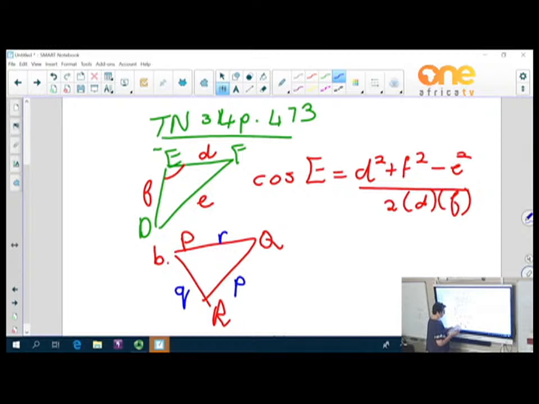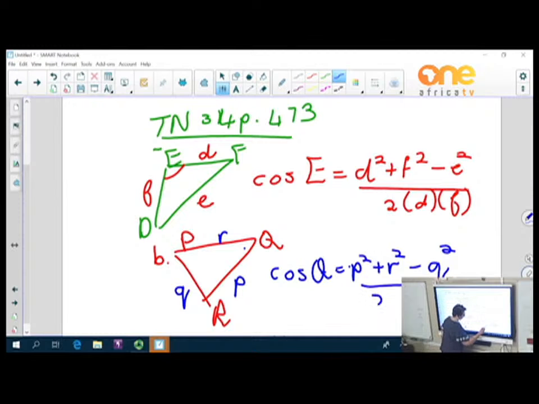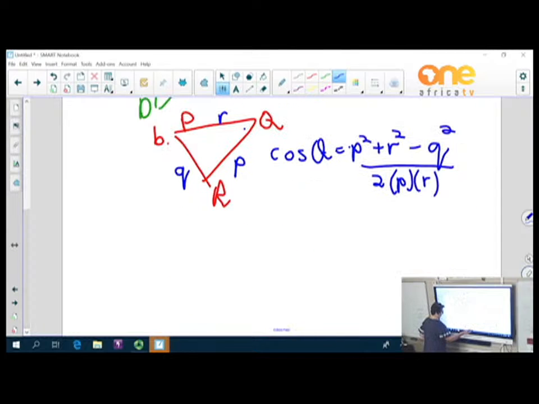Now this time we want to find Q, so I can say that cosine Q is going to be P squared plus R squared minus Q squared. The one opposite the angle is the one that we subtract, over 2PR. And the last one there, number C, is SRT.